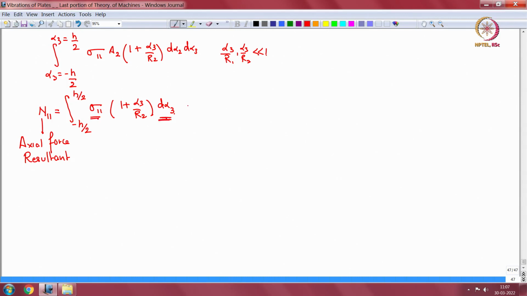Okay. What is left is A2 d alpha 2. So, this would have made it the full force, let us say F11. So, this divided by A2 d alpha 2, this is the force resultant, this is N11.